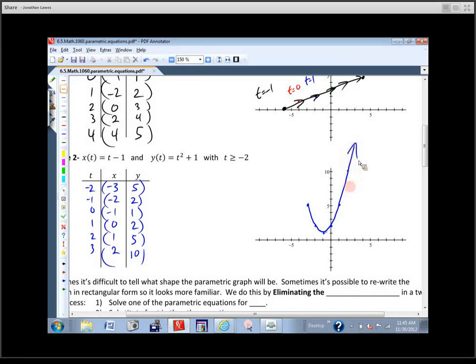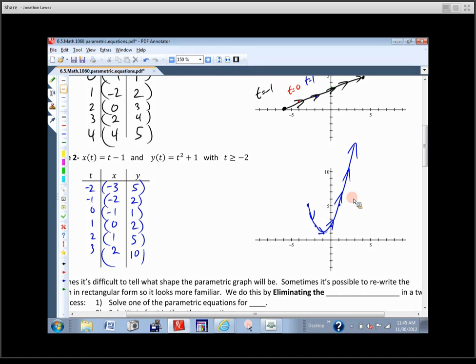I'm going to put an arrow on the end there. So it came down here, like this, like this, like this. There's the orientation. Are there any questions? Does this look familiar? What is it? It's a parabola. It is a parabola.